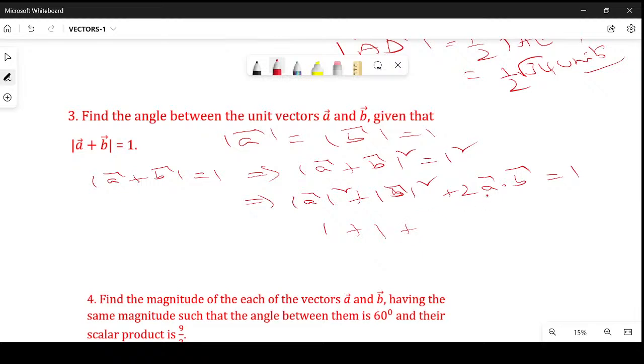Again I can expand. I should find the angle between the vectors. 2 into A bar dot B bar is mod A bar mod B bar cos theta, where theta is the angle between these two vectors.